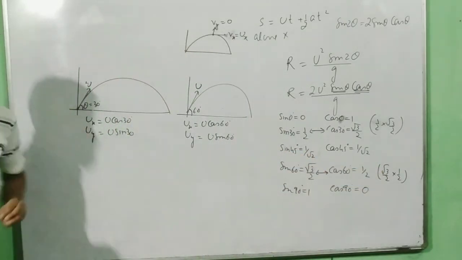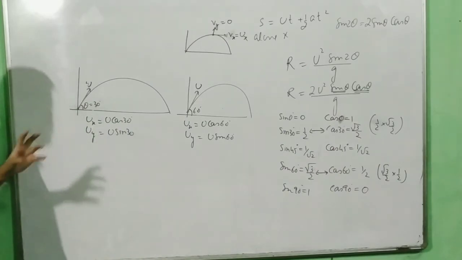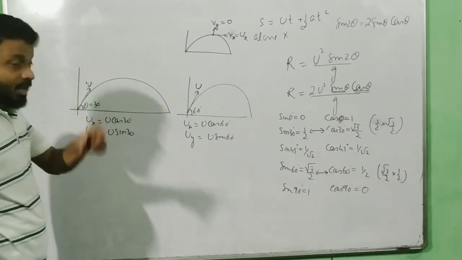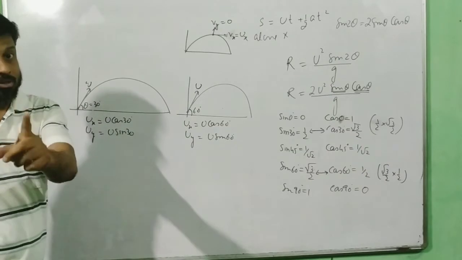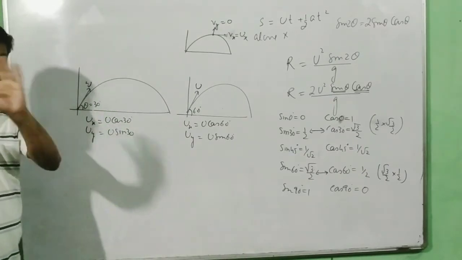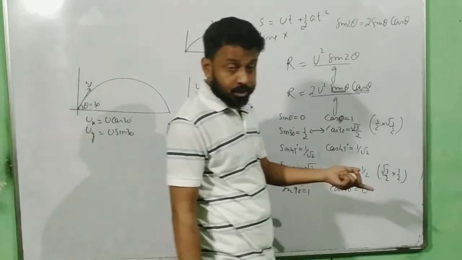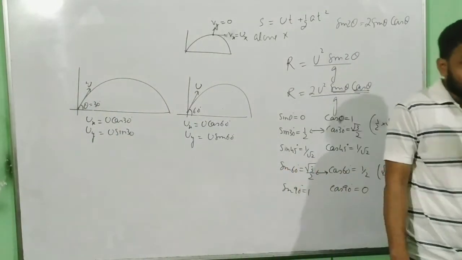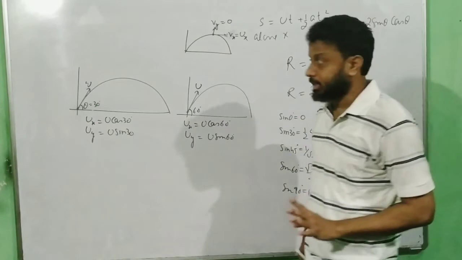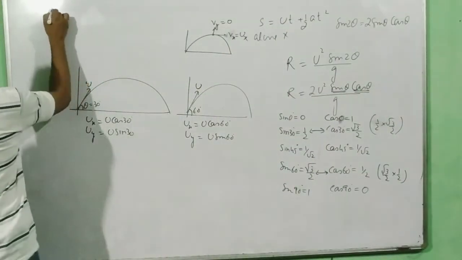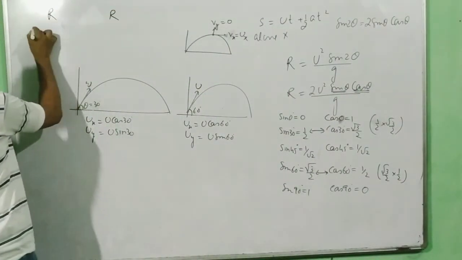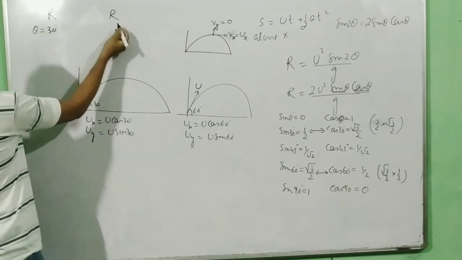That means I can make a conclusion that the range is always same provided the initial velocity is same, if the projected angle is theta or 90 minus theta. So I will get the same range if my theta is 30 and 90 minus 30.